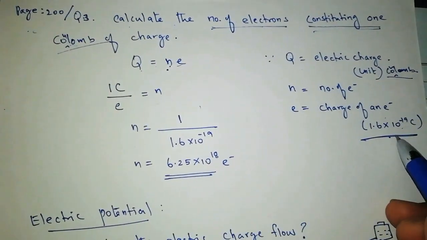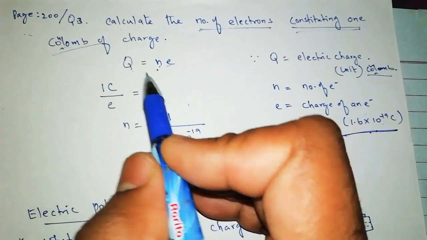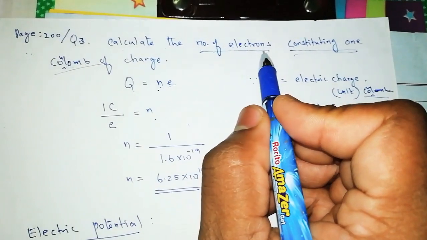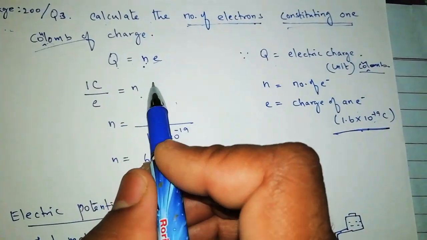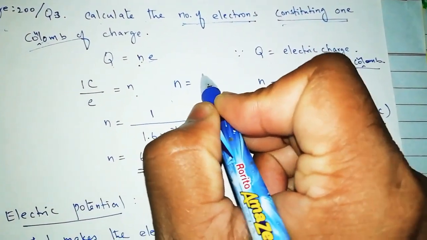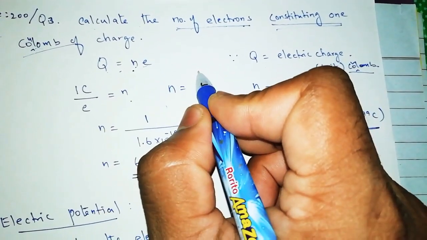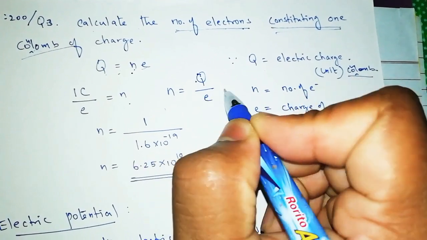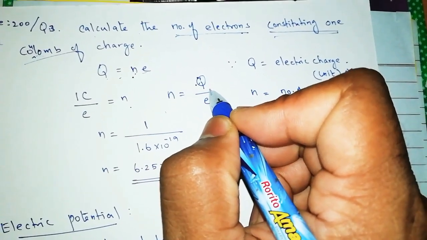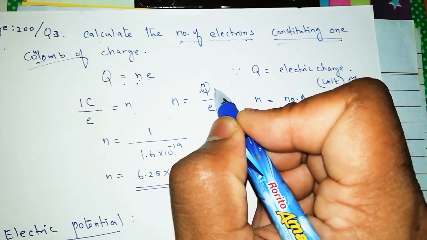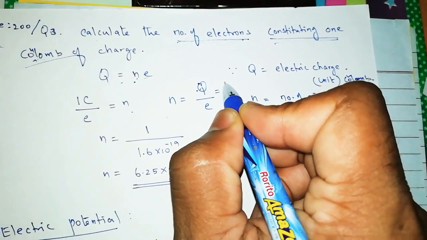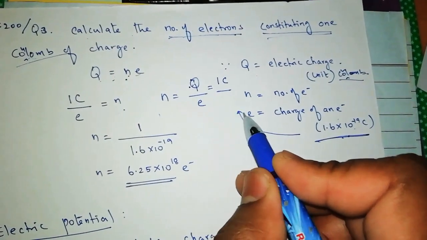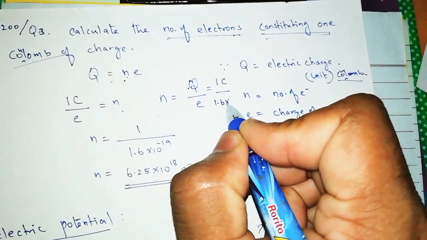So using this we are going to do a calculation. As we know we are going to find N, that means the number of electrons. So N is equal to Q divided by e, and Q is the electric charge, which is 1 coulomb, and e is 1.6 into 10 to the power of minus 19.